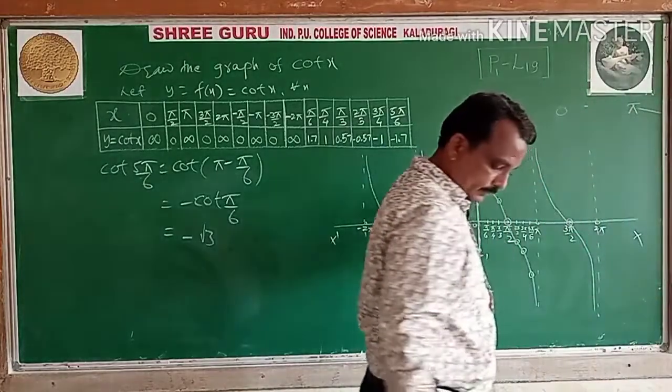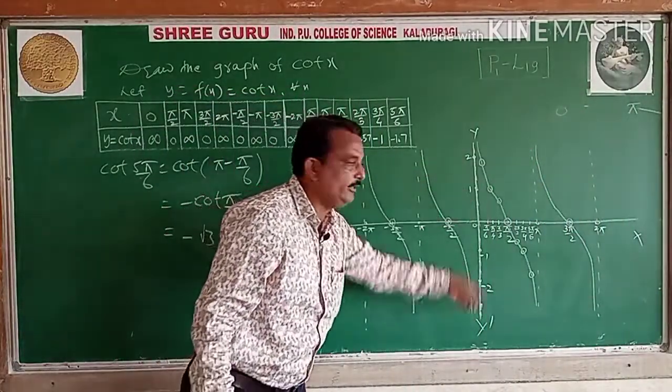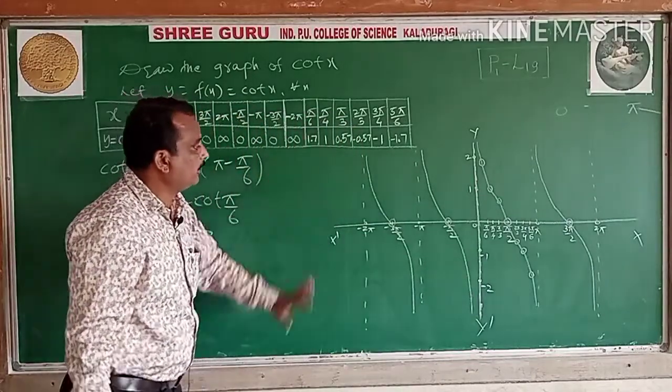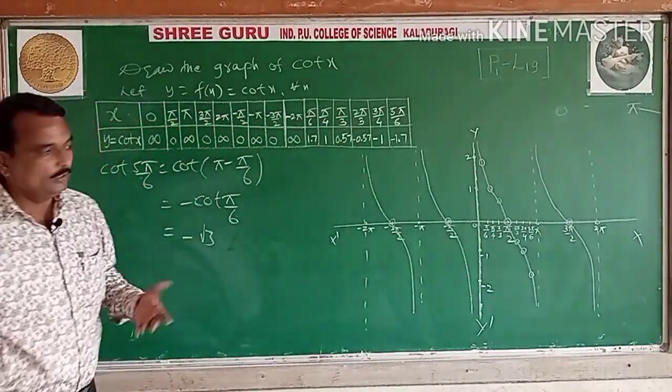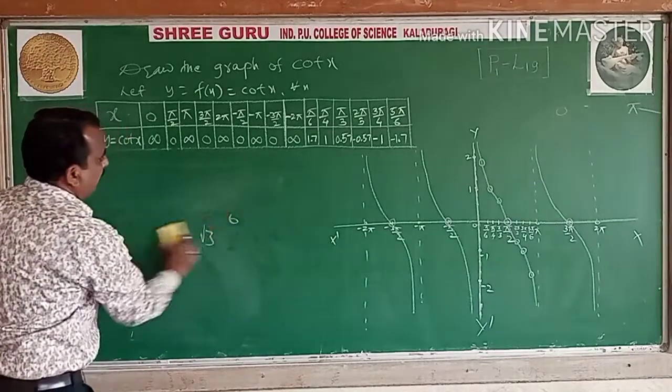Domain is the set of all real numbers, but there is a condition of these infinity lines. Range is the set of all real numbers. There is no restriction here. So let us see the domain and range of this graph.